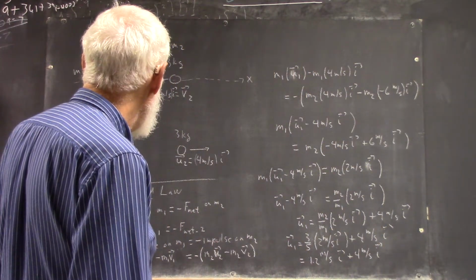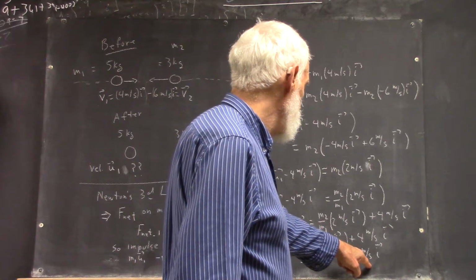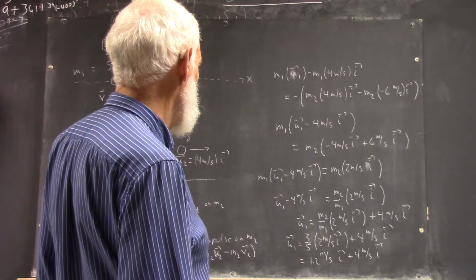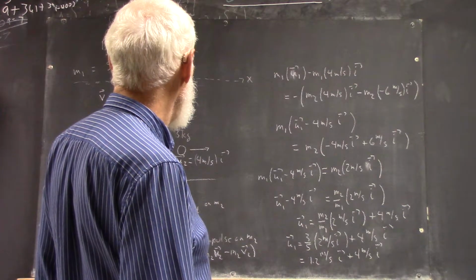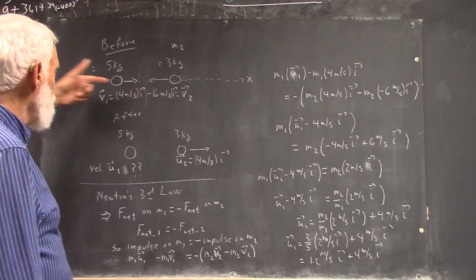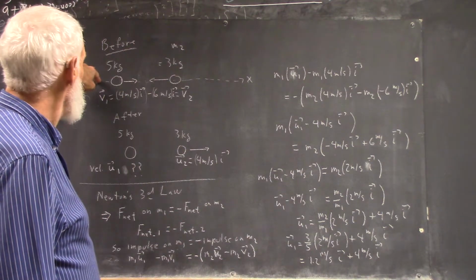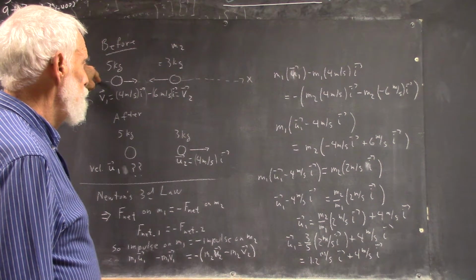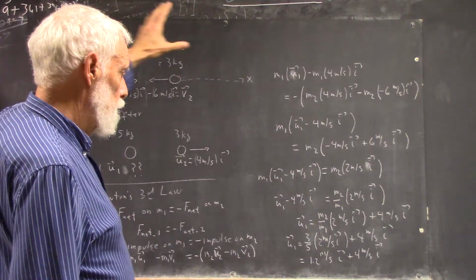Okay. Now, the 4 meters per second times I, something's wrong here because I got a wrong sign or something. That's clearly, in this collision, when this mass hits this one and reverses its direction, this mass is going to slow down. So something's wrong here, so check my numbers.